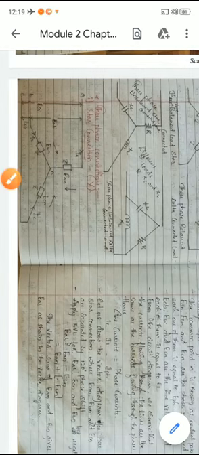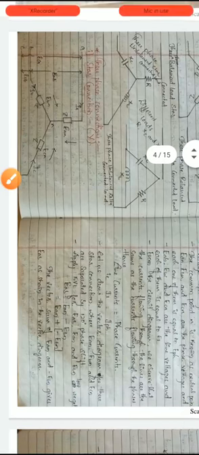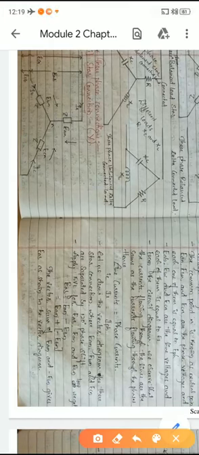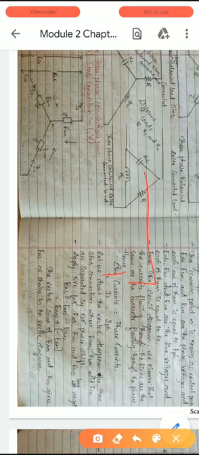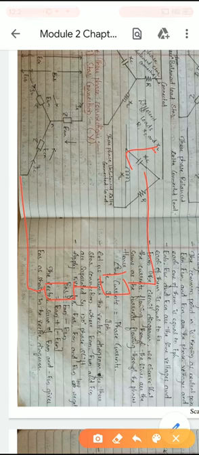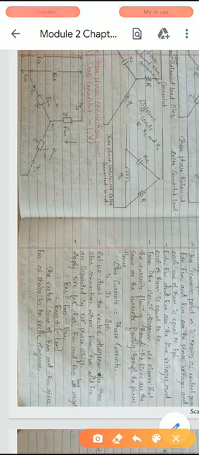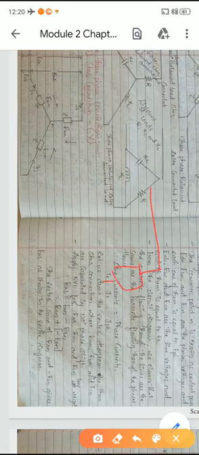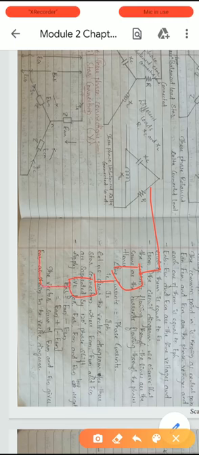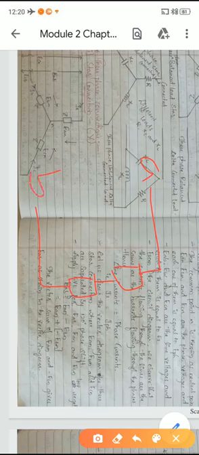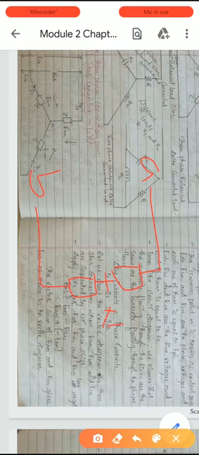Now we will apply KVL for one loop. Let us consider one loop as A, B and N. Here the current is flowing in this direction, and here the current is flowing in this direction.